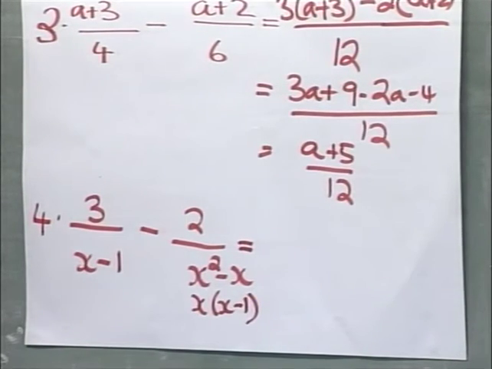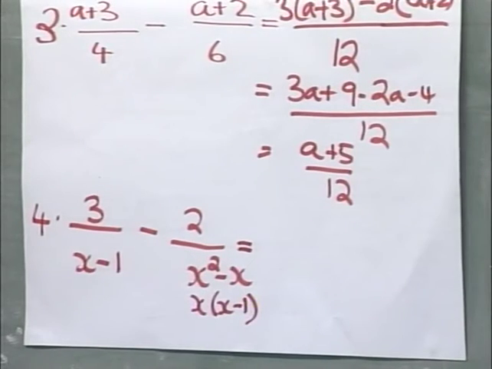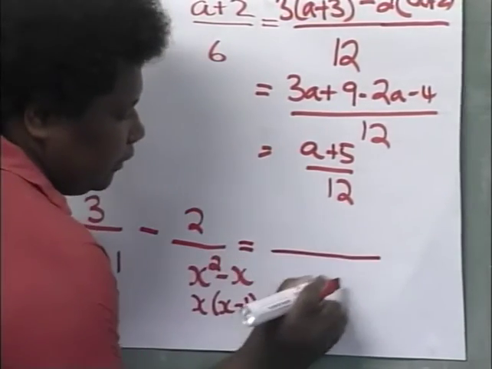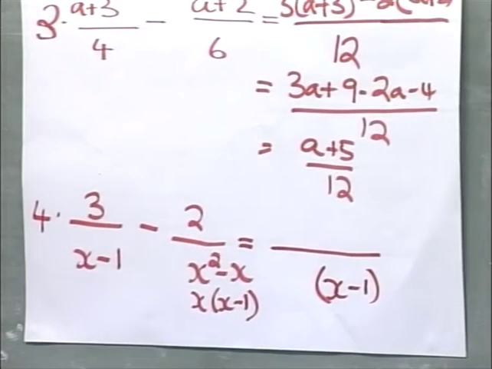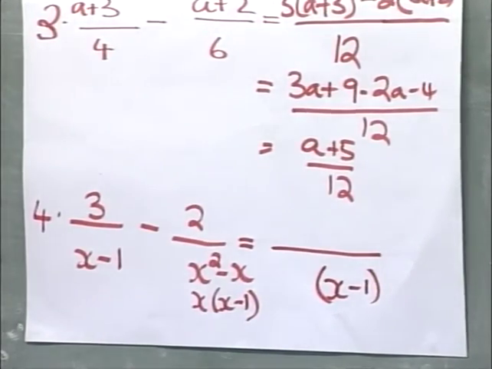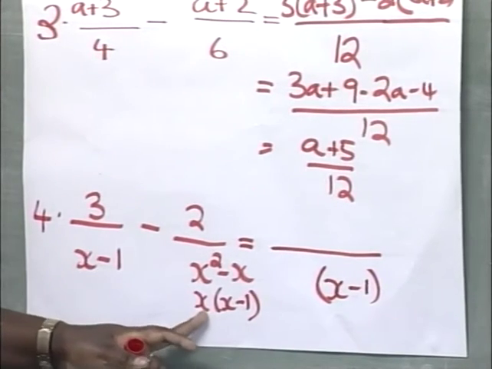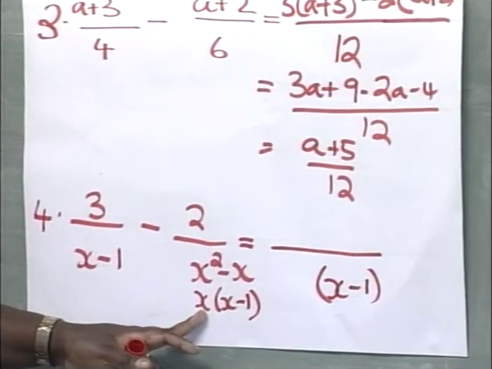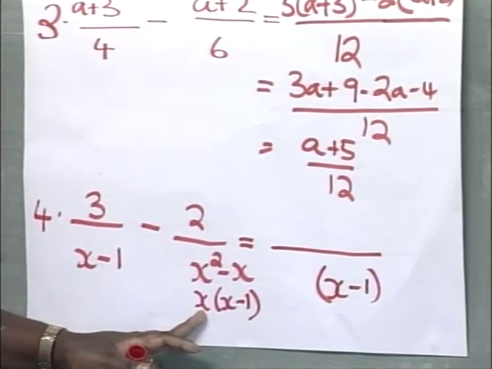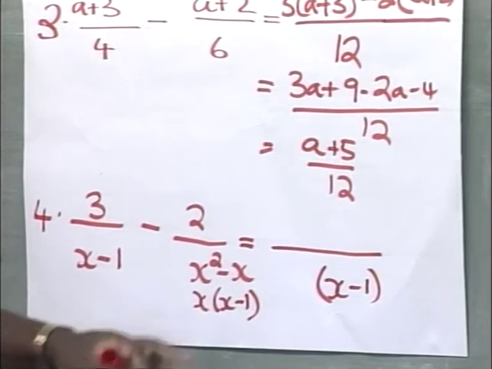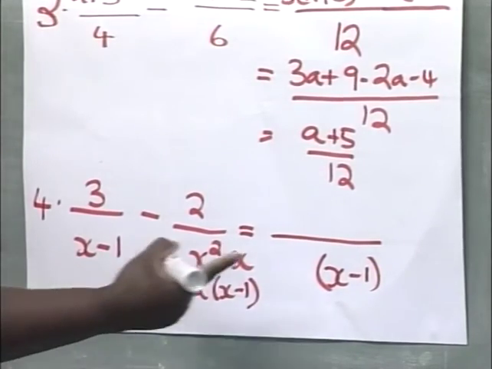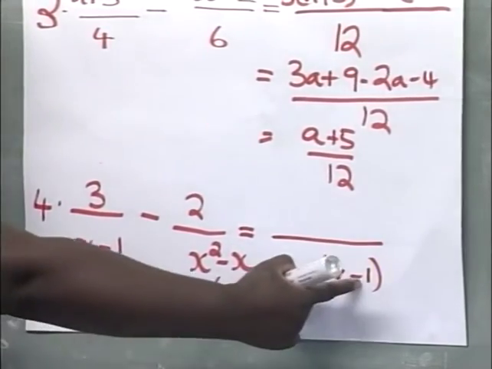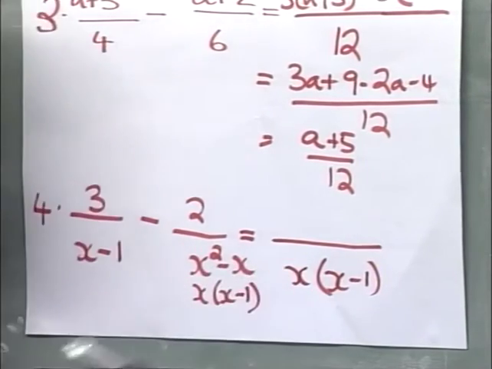Can you see what is common? X minus 1. If that is common, then it will become part of the lowest common multiple. There is an x that is left here. If anything else is left, I have to multiply it by what I've got already. So I multiply x minus 1, which is common to both, written only once, by x.